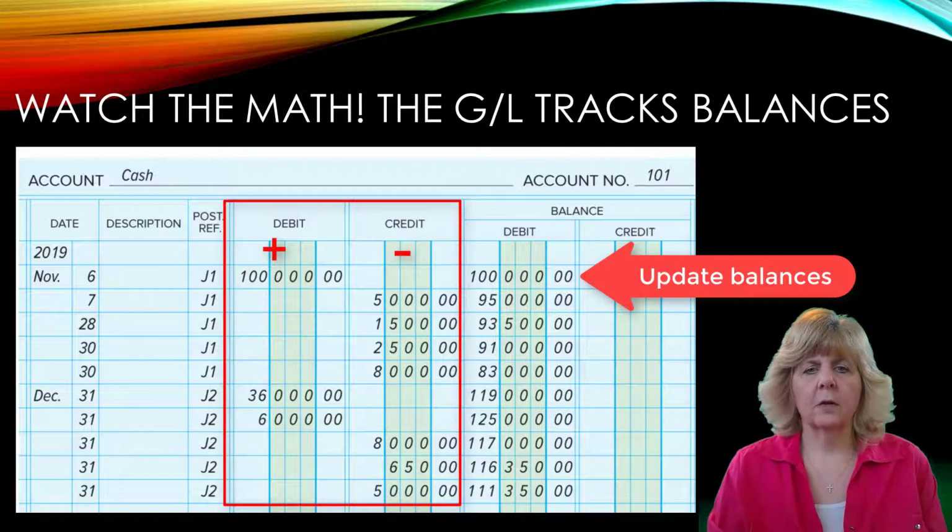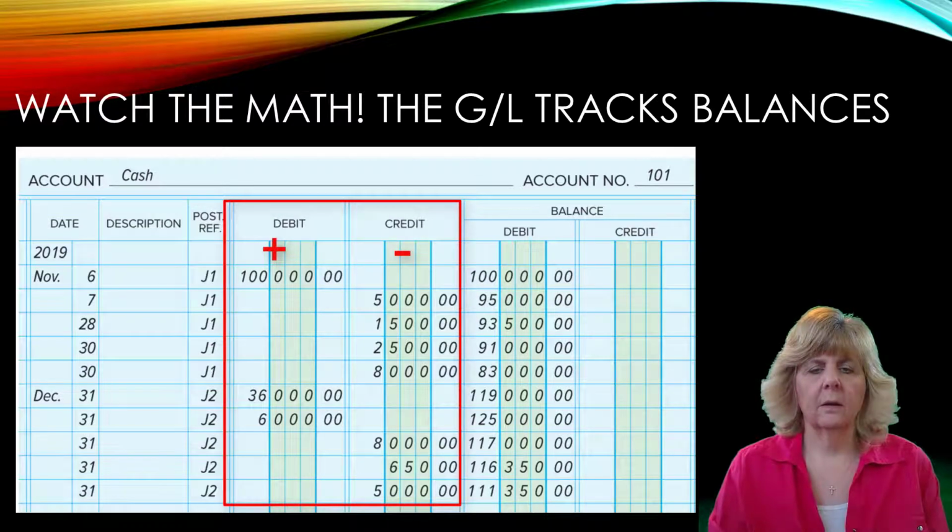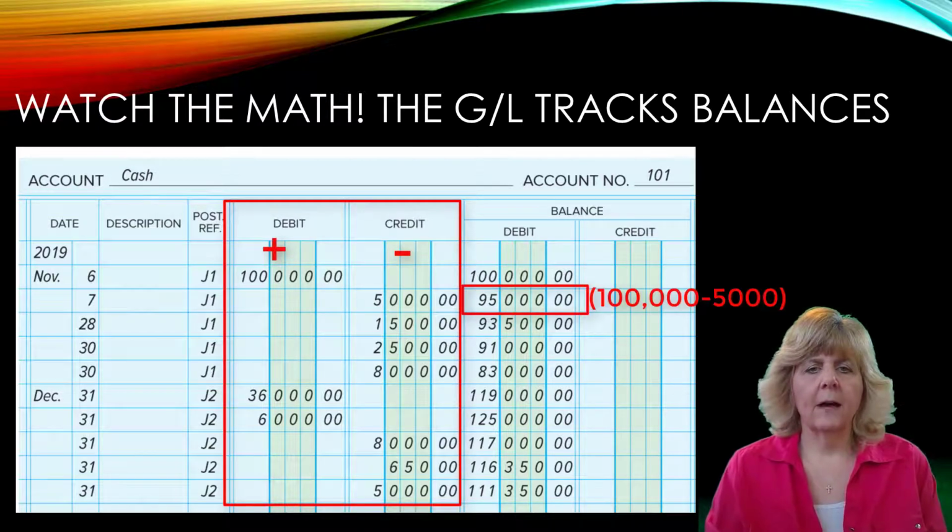After the first transaction, there is a $100,000 debit balance. After the transaction on the 7th, the credit of $5,000 to cash makes the cash account go down. So 100,000 minus 5,000 is 95,000.